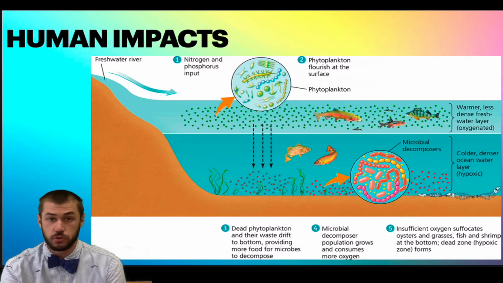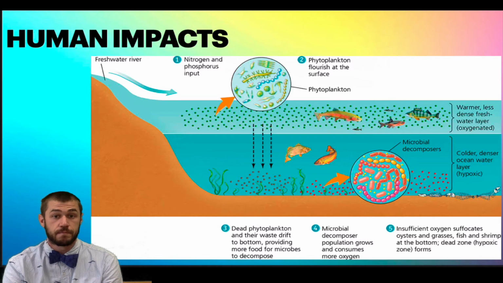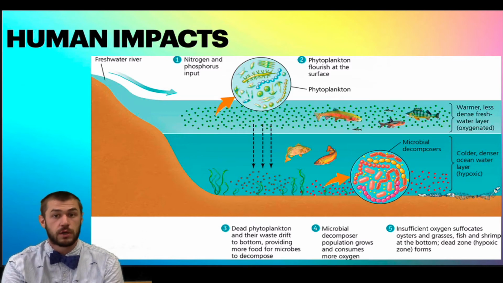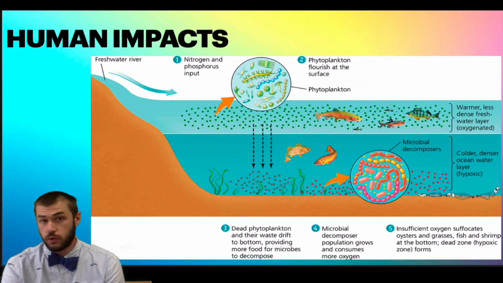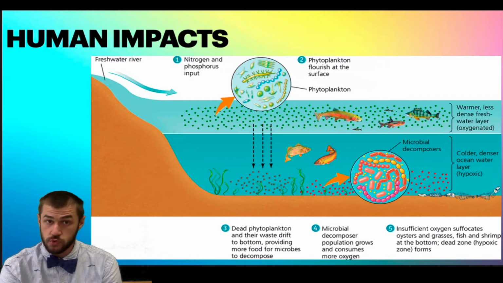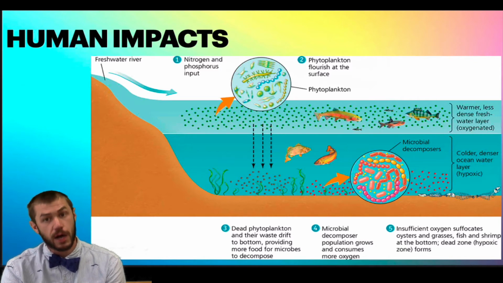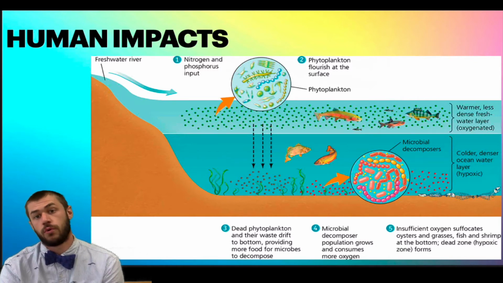That big bloom of bacteria ultimately reduces the oxygen in the water, and all the organisms at the bottom, if they can't move to a different area, will ultimately suffocate in hypoxic or very oxygen-poor water.